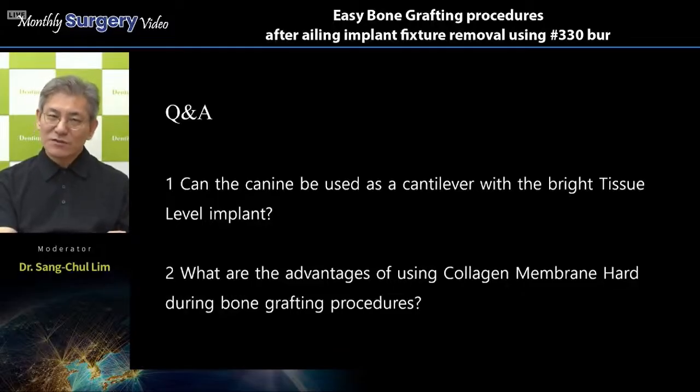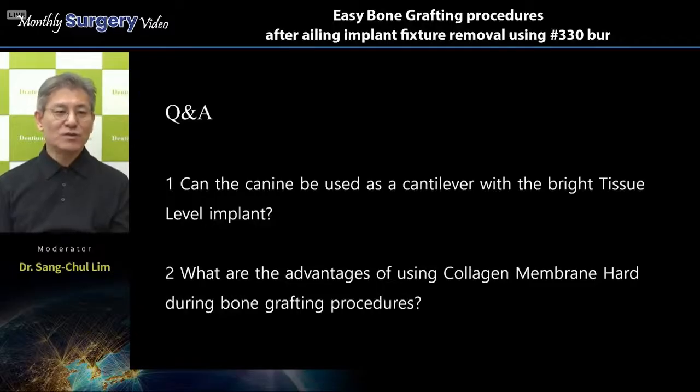However, generally speaking, the soft resorbable membrane has a faster resorption time, maybe 2 to 3 months. So it is not enough for a big defect bone grafting situation, to make a GBR procedure successful for a long time, right?